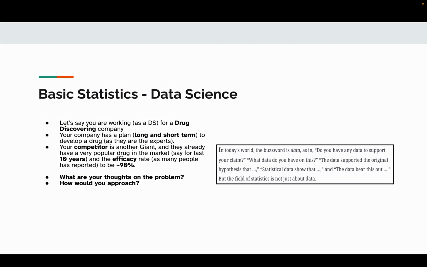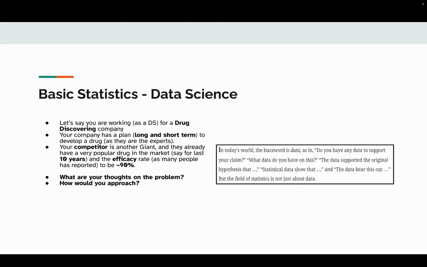If you develop something working 100%, that's not going to get the trust of people right away. You have to wait and see how people are accommodating the new change. Initially, if you don't give enough evidence, then even if your drug works 100%, it's not going to make any difference.